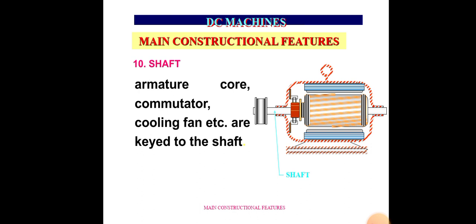The long shunt and short shunt are again classified into two types, differential and cumulative. Differential means the armature flux and field flux are in opposite directions, a differential compound generator. When the shunt field flux and the series field flux are in the same direction, it is a cumulative generator.